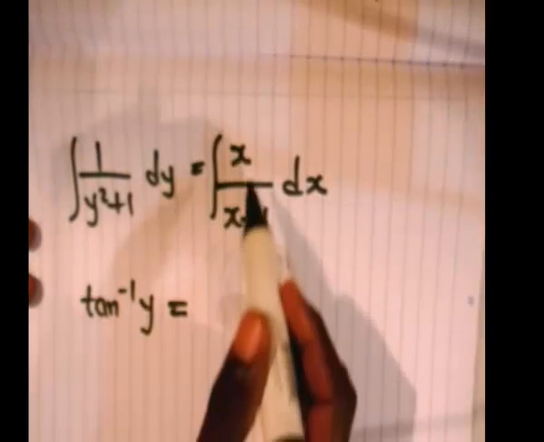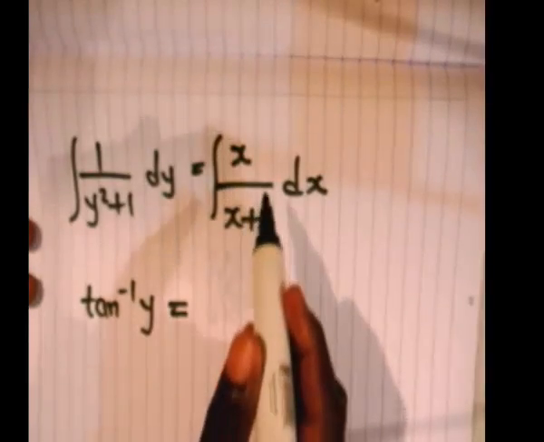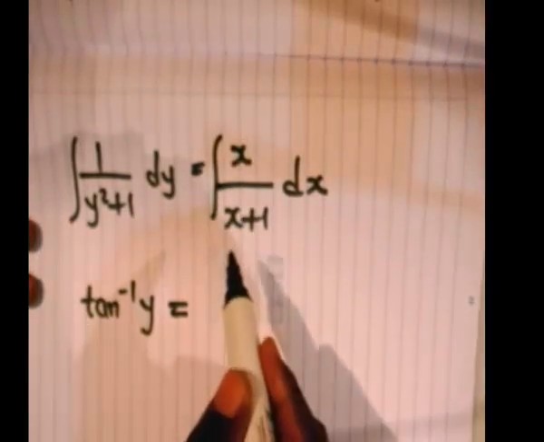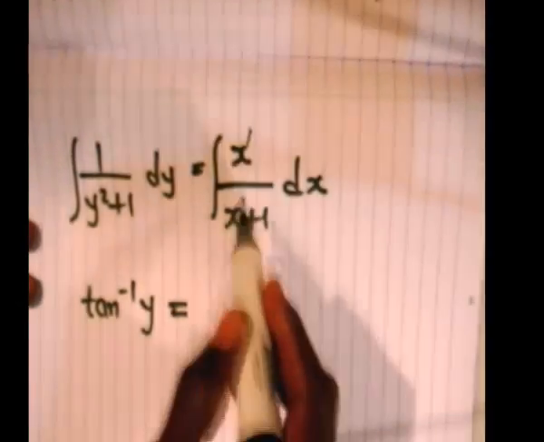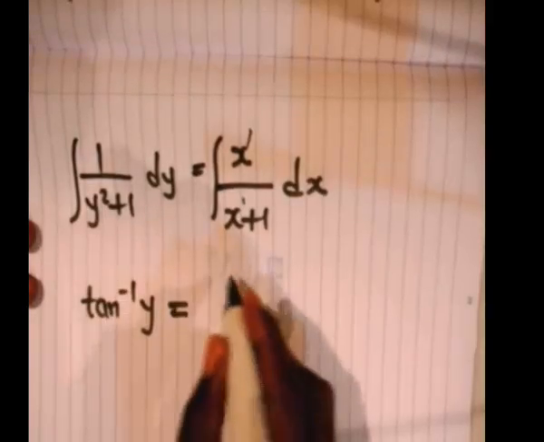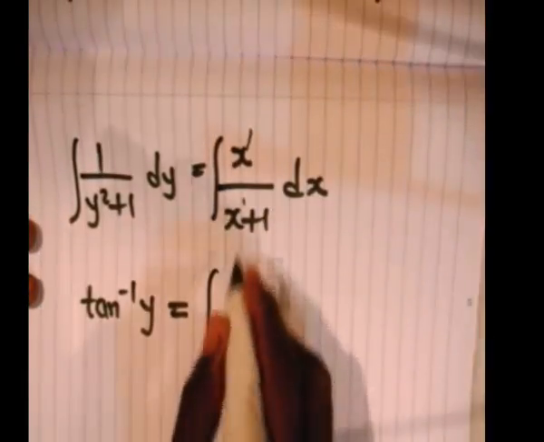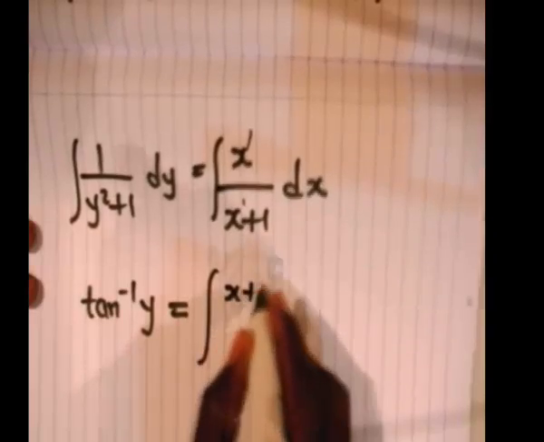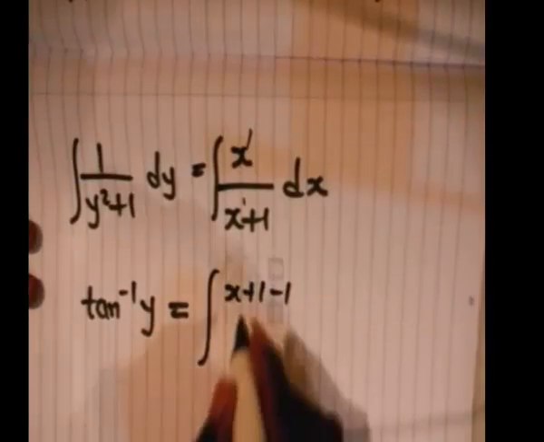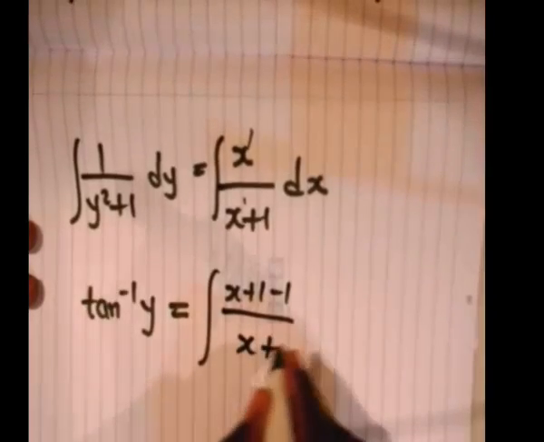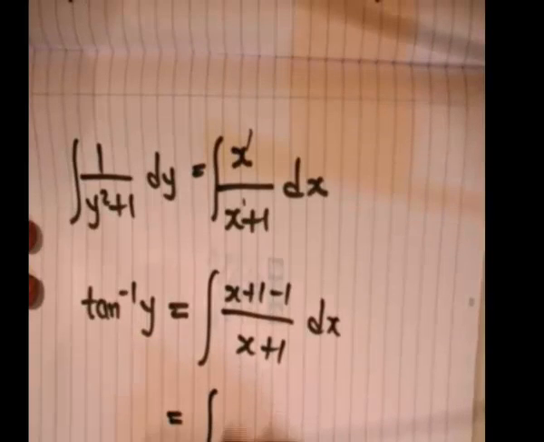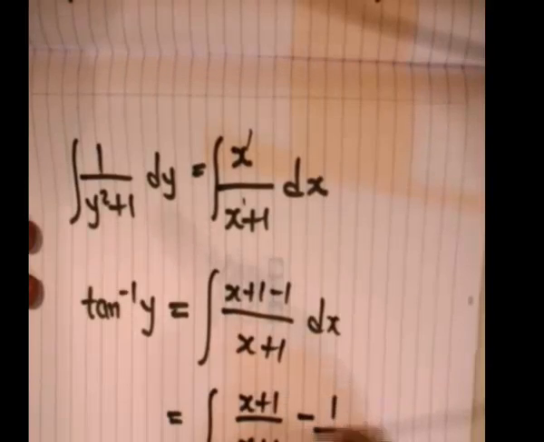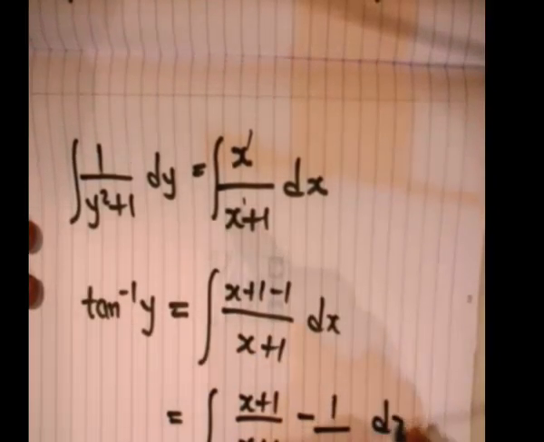For you to be able to integrate this, you need to simplify it. These and these are of the same power, so this is an improper fraction. A simple method: you can express x in terms of x plus 1 as (x plus 1) minus 1. Hope this is taken. All over (x plus 1) dx, which gives us (x plus 1) over (x plus 1) minus 1 over (x plus 1), all dx.